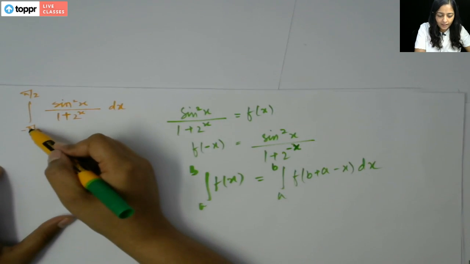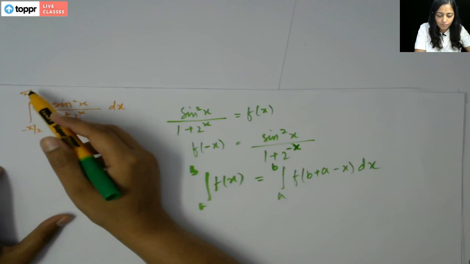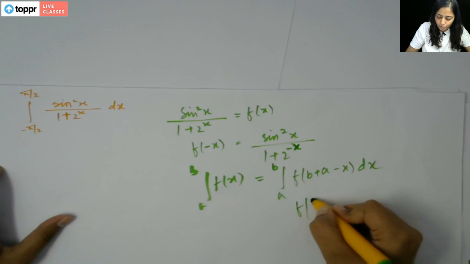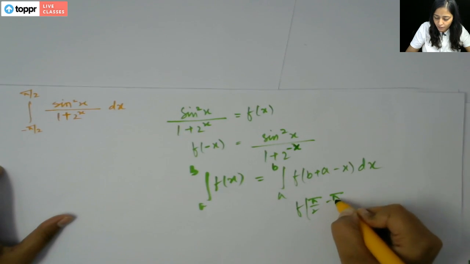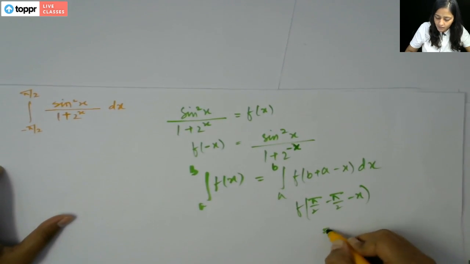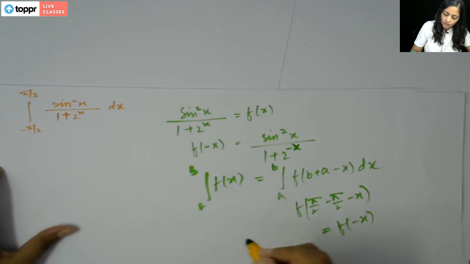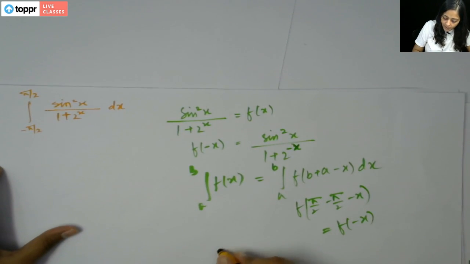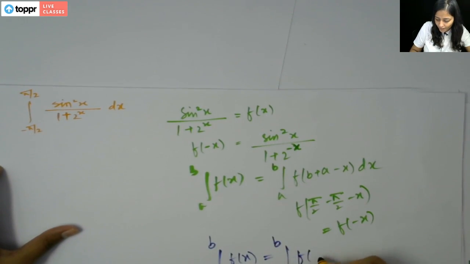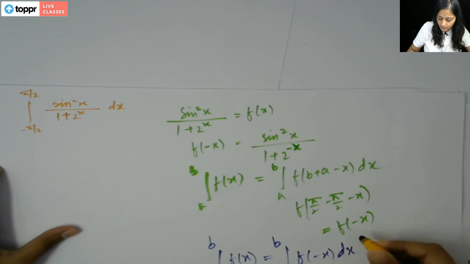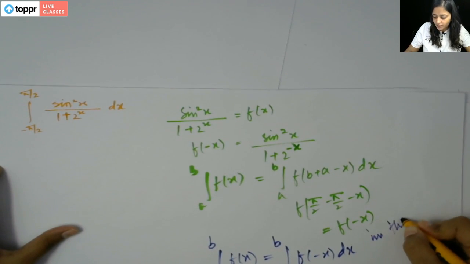So here our a is minus pi by 2 and b is pi by 2. So f of pi by 2 minus pi by 2 minus x is equal to f of minus x. So basically the integral of f of x from a to b is equal to the integral of f of minus x dx in this case specifically.